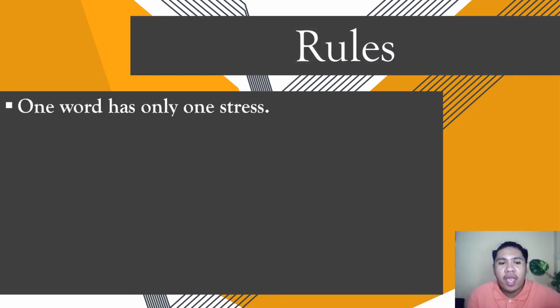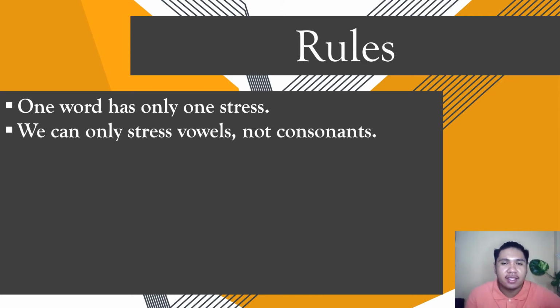Number one, one word has only one stress. For instance, the word one. One has one syllable, therefore, one has also one stress. Next, we can only stress vowels, not consonants.